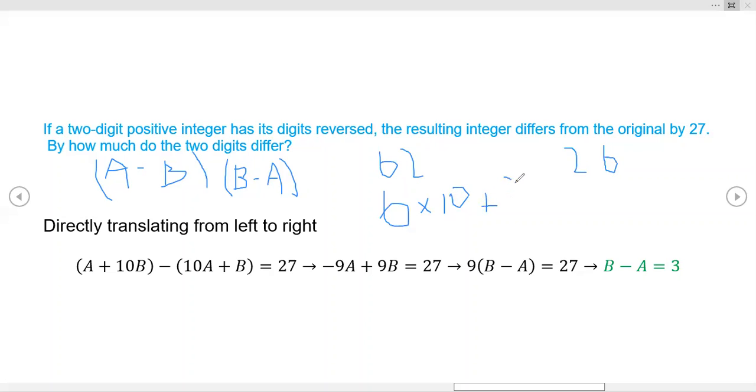This position right here is called the tens position. This is the units position. And right here, this would be 2 times 10 plus 6, right? Now, it's real evident that these differ by 36 reading from left to right.